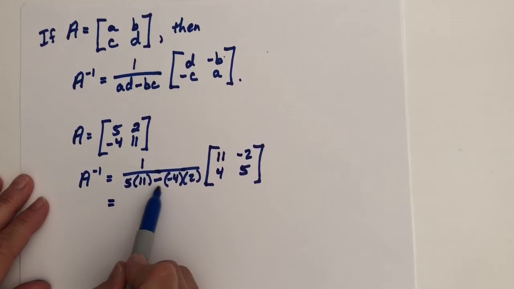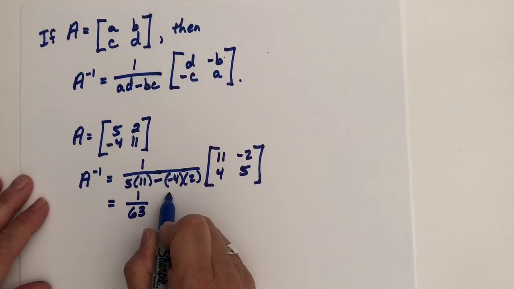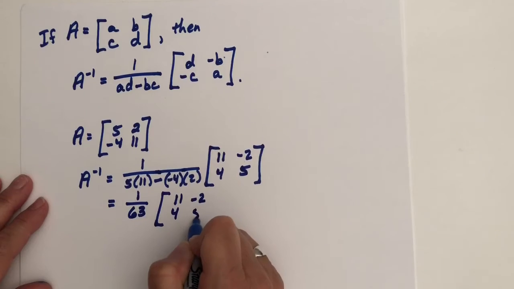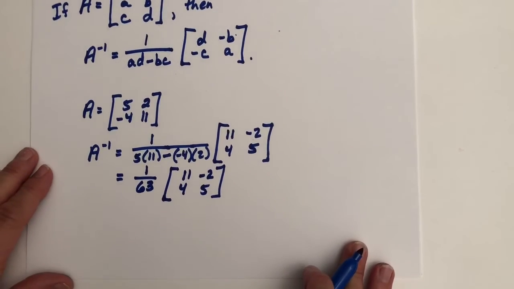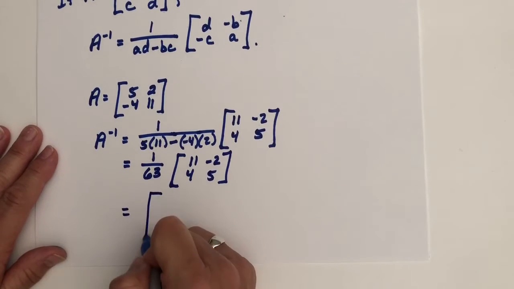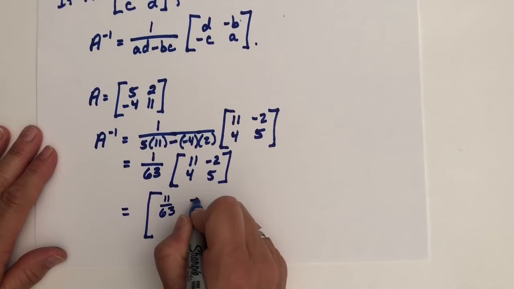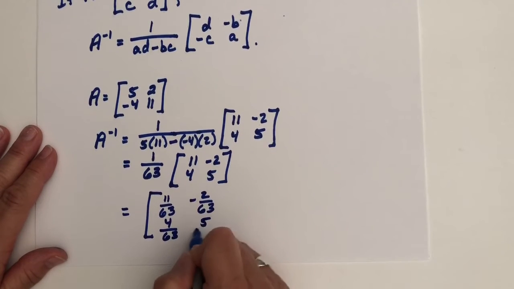We have 55 plus 8, that's 63. So it's 1 over 63 times this matrix, 11, -2, 4, 5. So the inverse of A is equal to 11 over 63, -2 over 63, 4 over 63, 5 over 63.